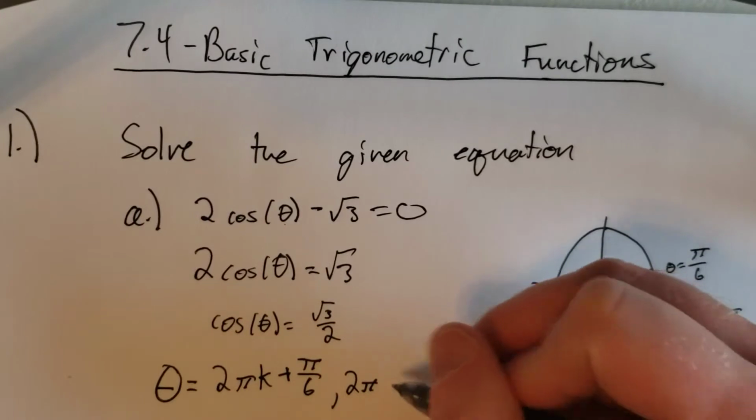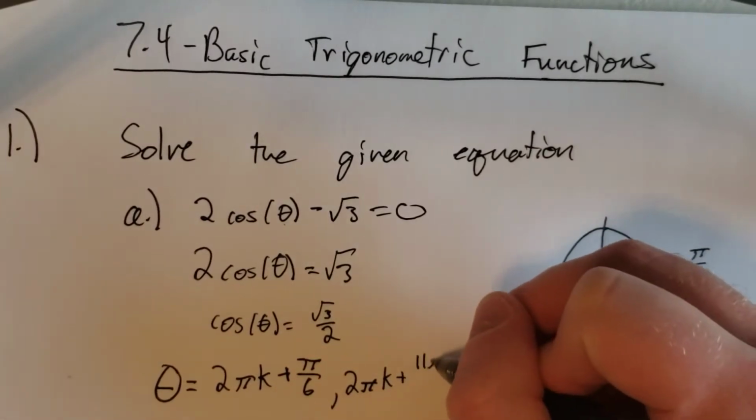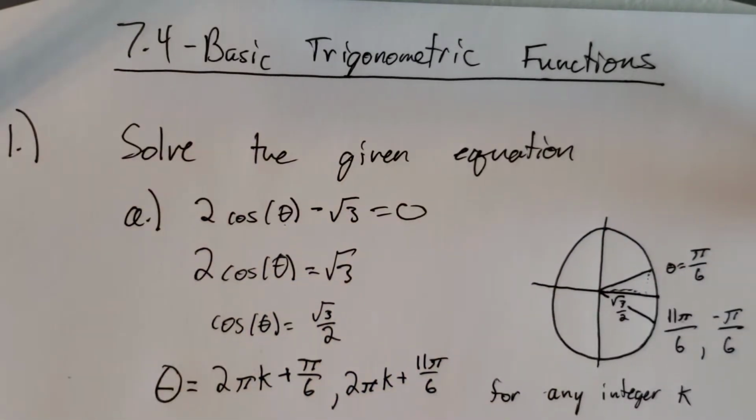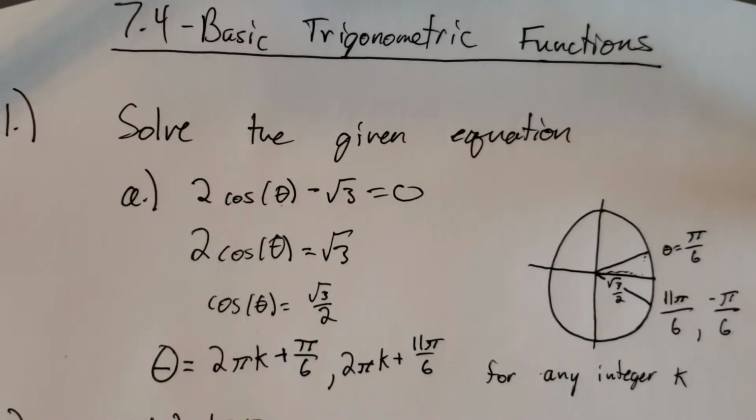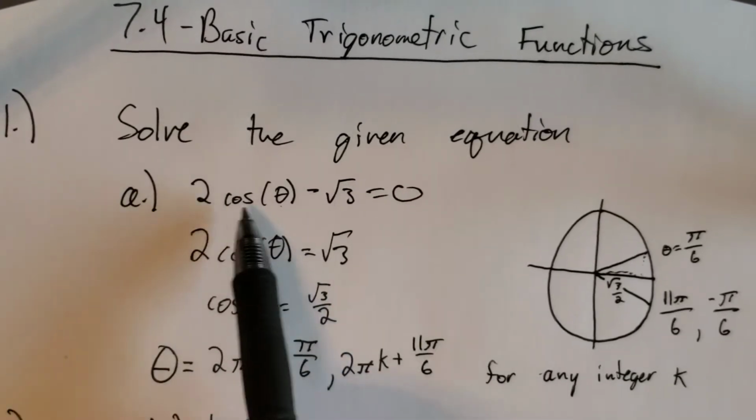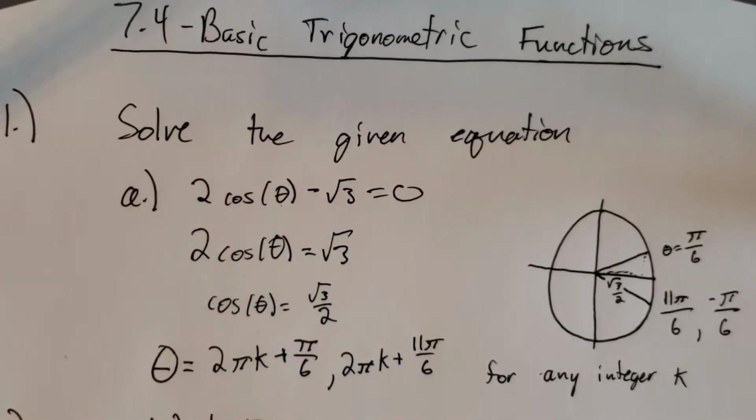So we should also write 2 pi k plus 11 pi over 6. And those two infinite sets give us all of the solutions to this equation that we were just given. And that's it for part A.